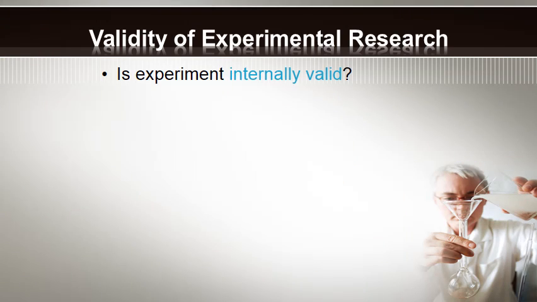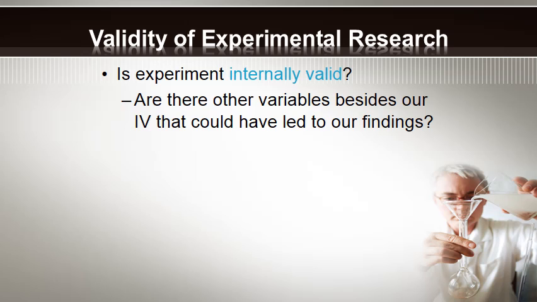Once you have looked at the construct validity and the statistical validity, the next thing you need to look at is whether an experiment is internally valid. Internal validity refers to the internal consistency or logic of the experiment that allows the results to be meaningful.